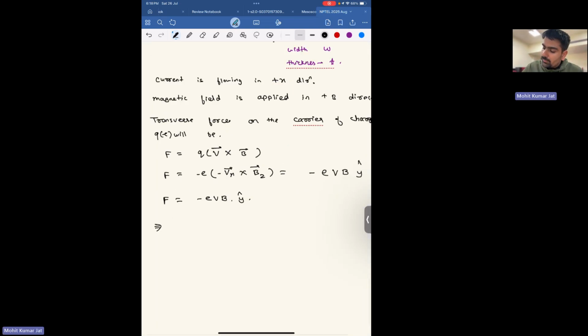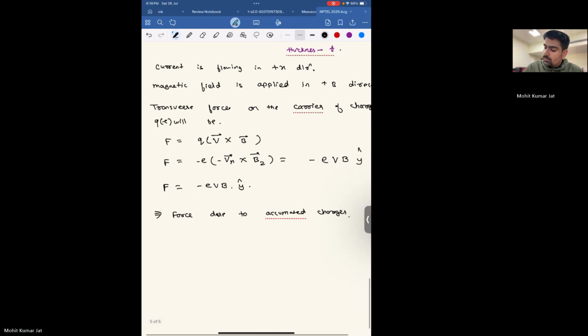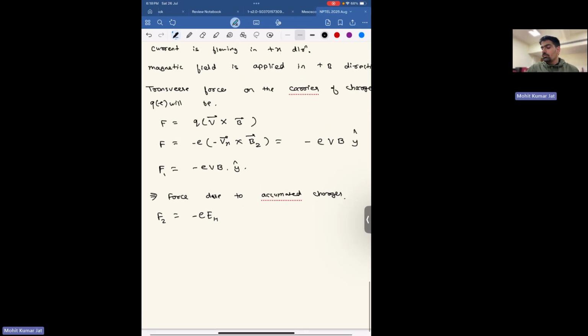So the force due to accumulated charges at equilibrium, let me call it F1, and this is F2, will be minus e times E_H, which is the Hall electric field.